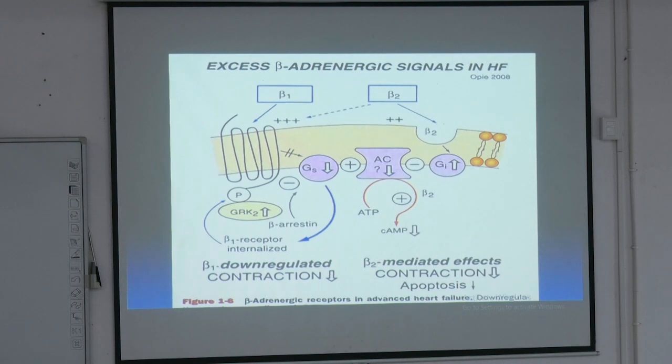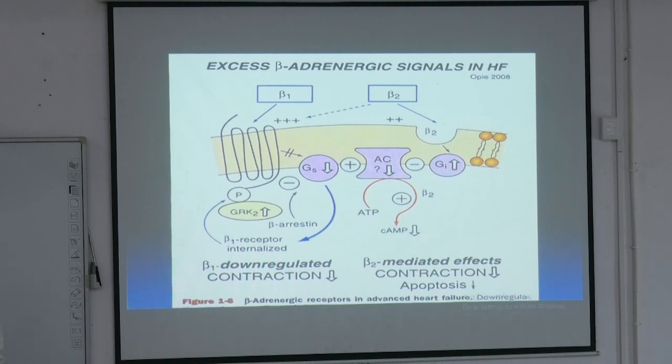Another point: sometimes we have to use beta blocker for a long time, or in case of sympathetic overactivity in a patient suffering from congestive heart failure, beta effect will be predominant for long, and that will be very harmful. How can this be minimized? You can see here this beta receptor binds with G protein, there will be phosphorylation, and after that it will bind with the G protein receptor kinase.